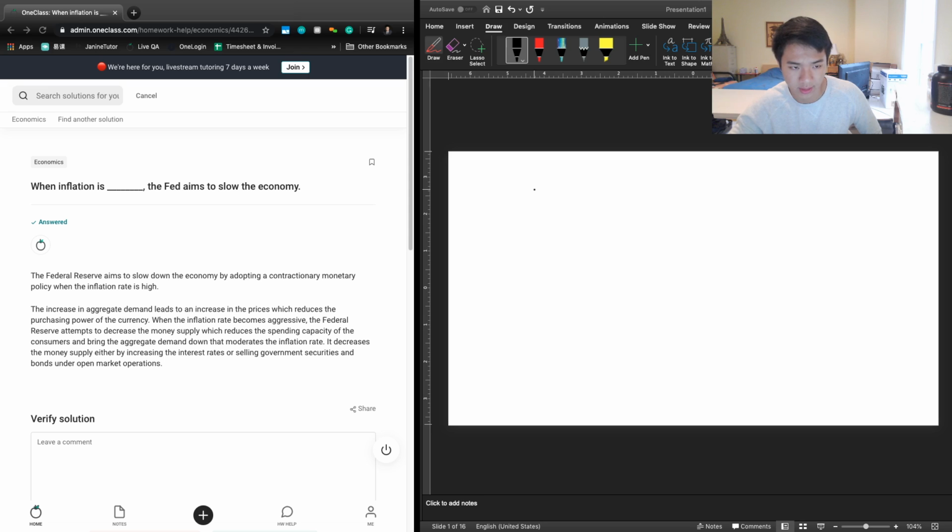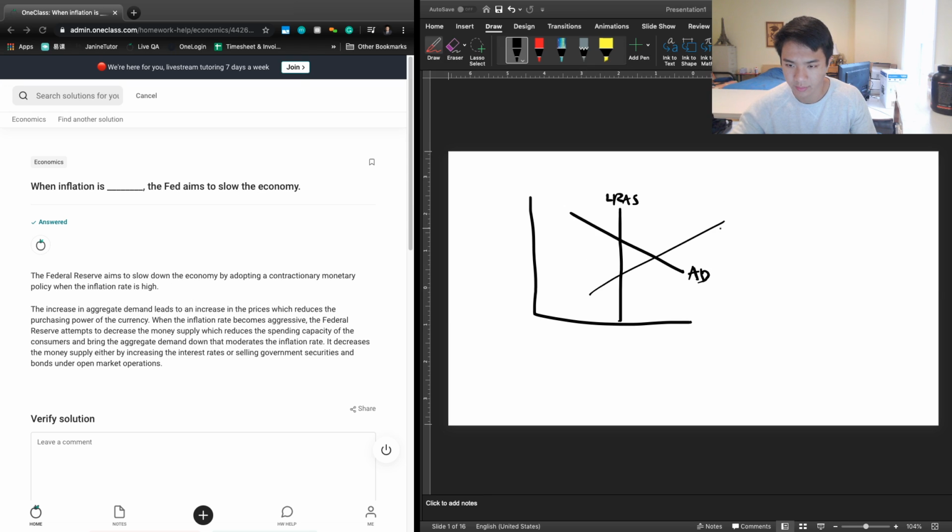Let's take a look at the dynamic AD-AS model. This is where we really see contractionary and expansionary policy coming into play. We have our long-run aggregate supply, and then this is aggregate demand, and this is short-run aggregate supply.